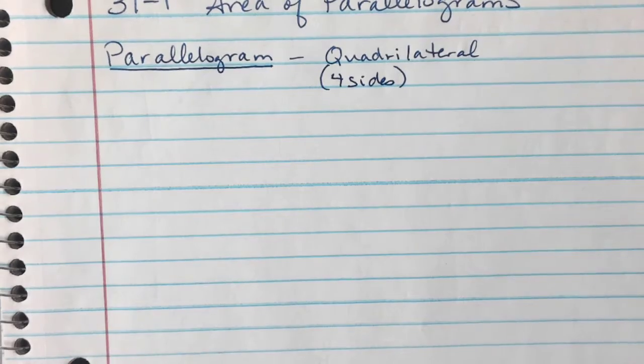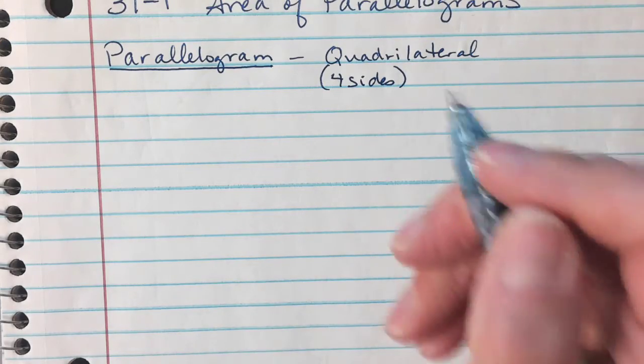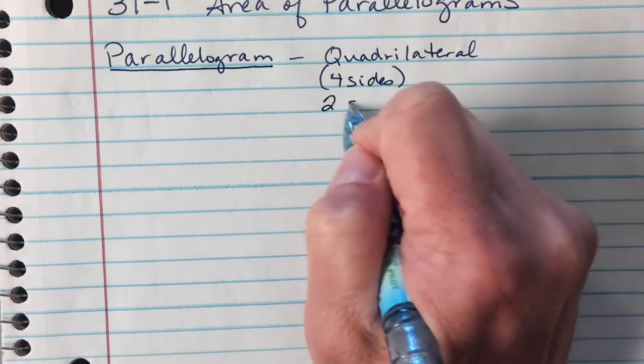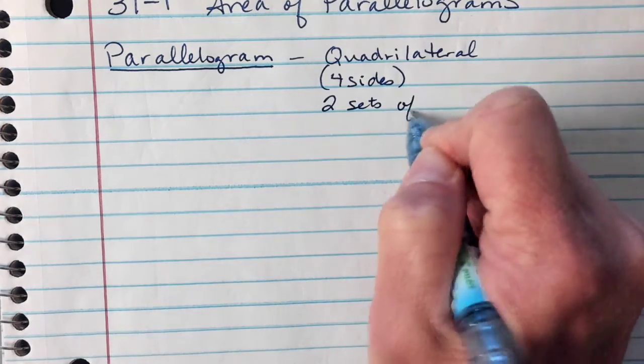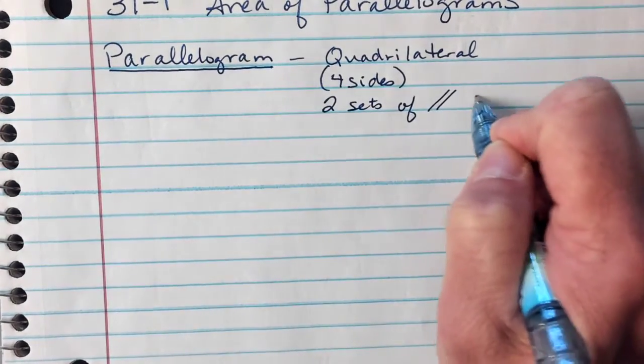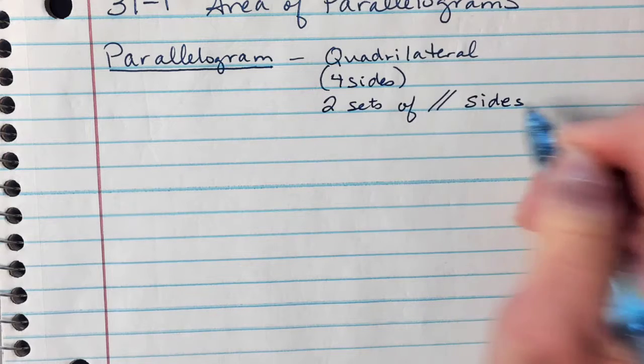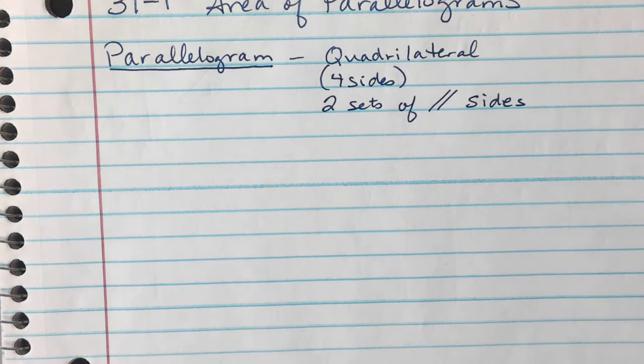Now, what's very special about a parallelogram is that it's going to have 2 sets of parallel sides. And remember those 2 little slanty parallel lines? That's our symbol for the word parallel. So when I think of a parallelogram, I always think of a rectangle, like a box, but on a slant.